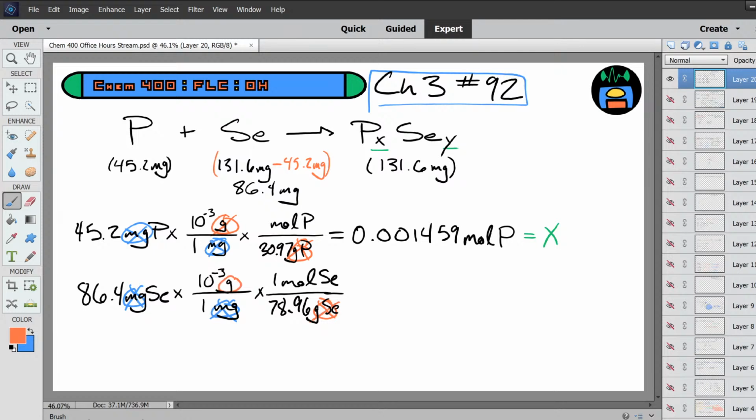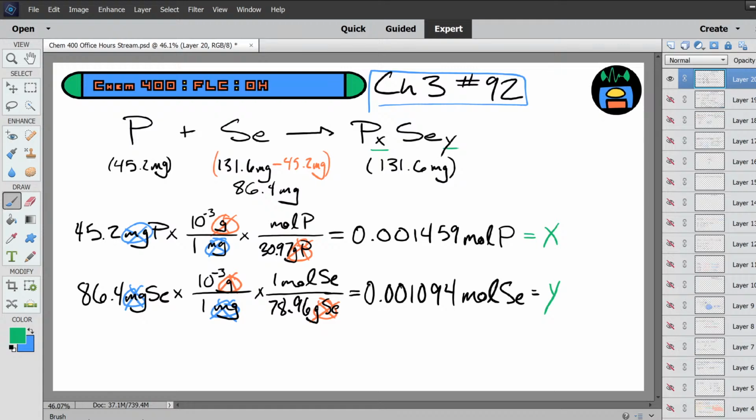So grams of selenium cancel. Now we can crunch our numbers for moles. We have 86.4 times 10 to the negative third divided by 78.96. Moles of selenium come out to be 0.001094. Sorry, not grams, moles of selenium. And this is our value here for Y.